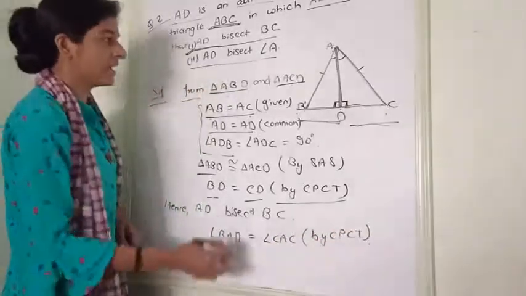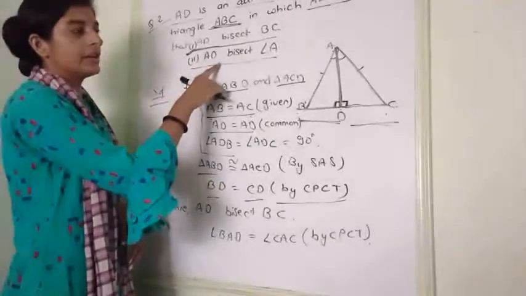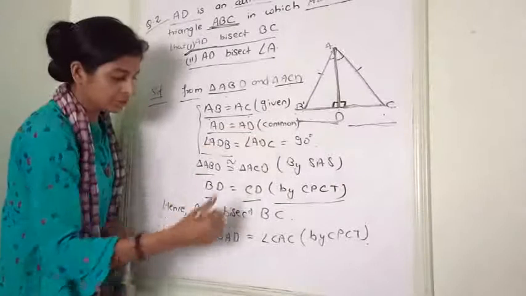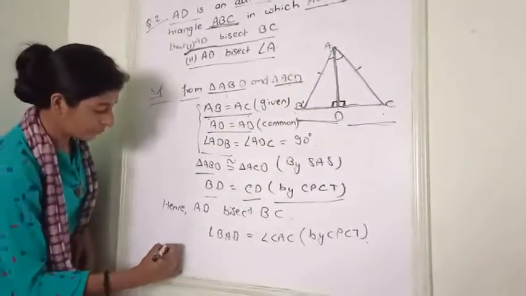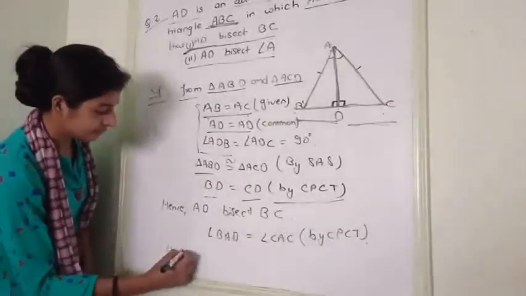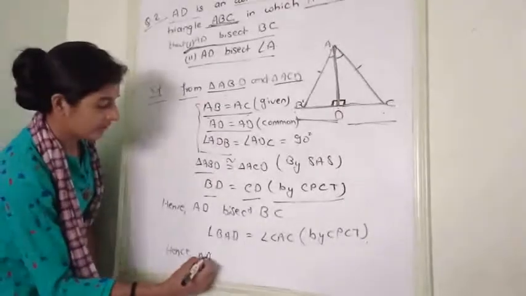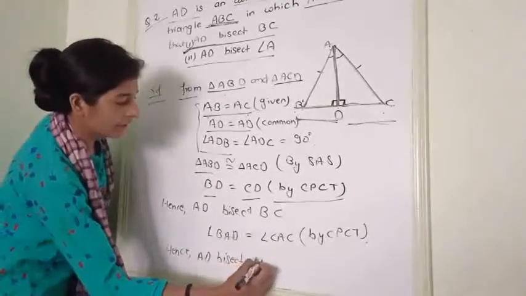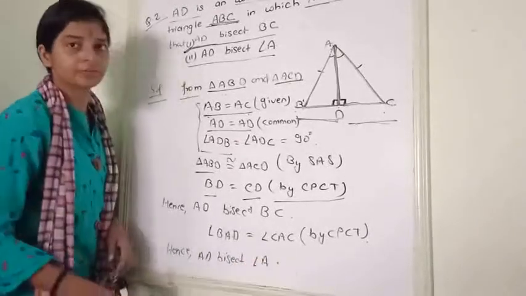So we can say the line AD is bisecting the complete angle into two equal parts. Hence, AD bisects angle A. Okay.